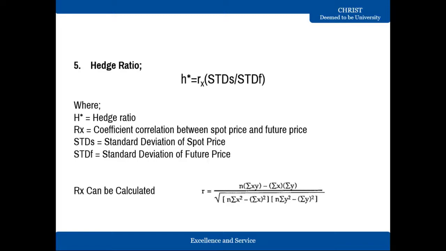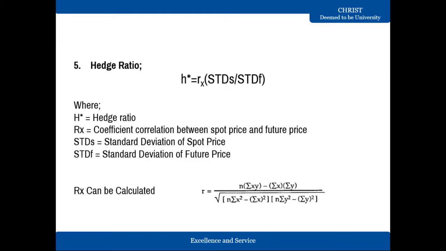If I have a portfolio of, say, 1 lakh, do I have to hedge the full 1 lakh rupees? To decide that, the hedge ratio helps: what percentage of your portfolio you have to hedge will be explained by this hedge ratio.